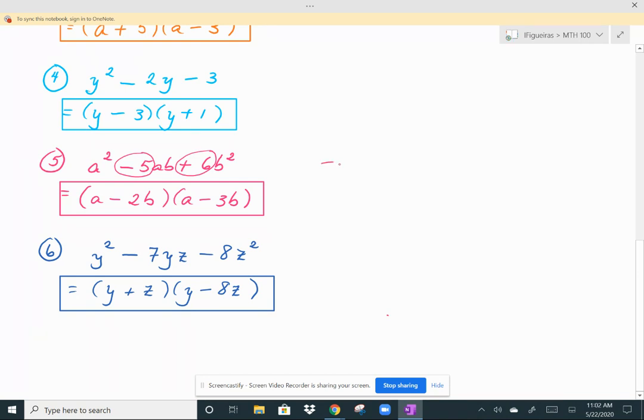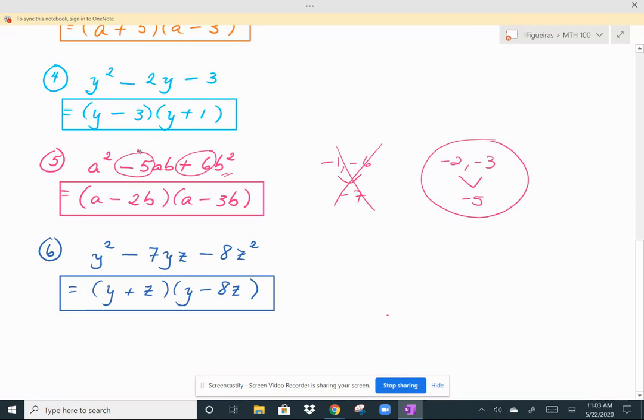So negative 1 and negative 6, or negative 2 and negative 3. So this one adds up to negative 7. This one adds up to negative 5. So ignore that one and keep this one. Okay, but since I need a b squared at the end as well as an ab, you're going to attach a b to these numbers, to the negative 2 and negative 3.